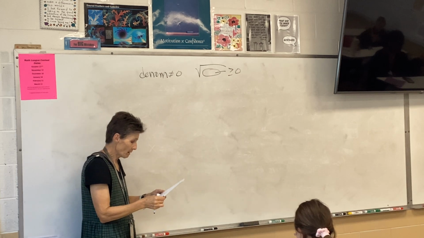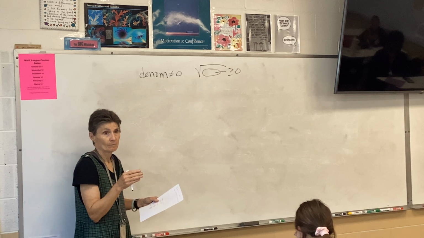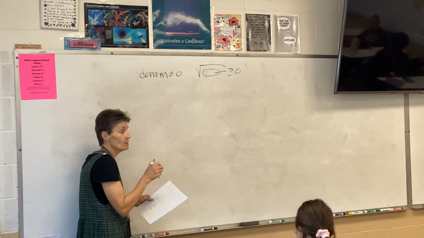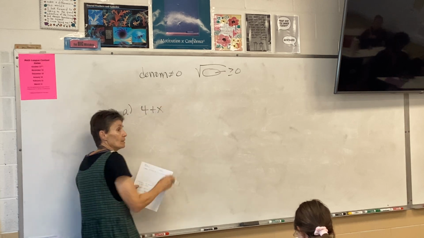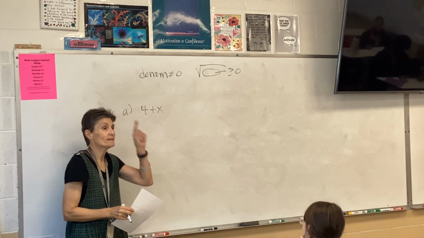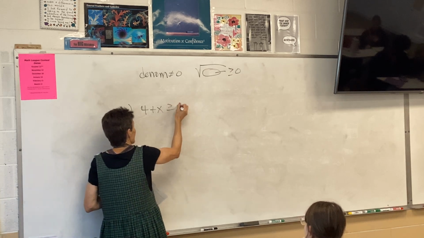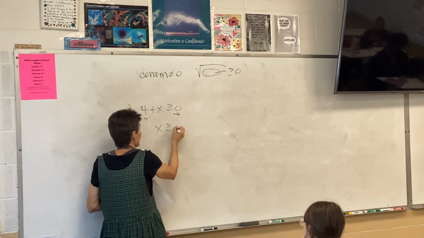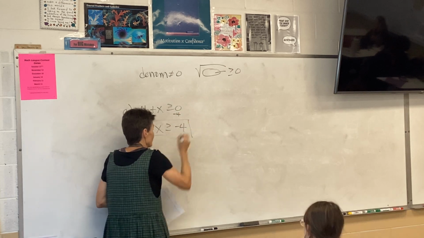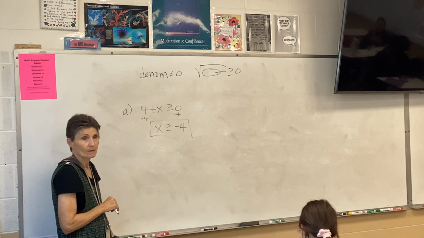Okay, so I'm looking at my paper. Oh, A has a radical, right? So I'm going to say 4 plus x, not the radical, what is under it? 4 plus x is greater than or equal to 0. Just solve it. So x is greater than or equal to negative 4. Done. Easy.